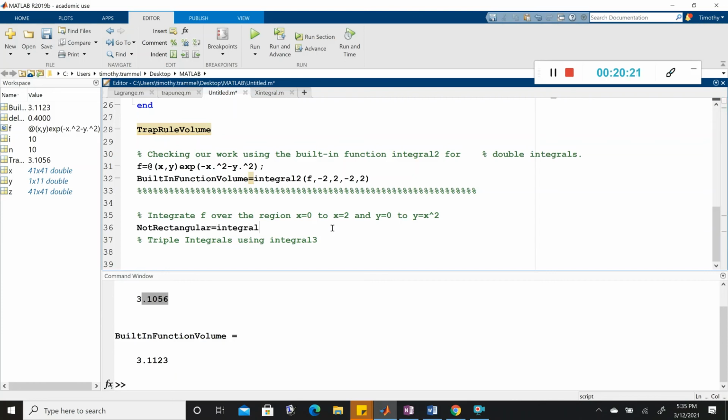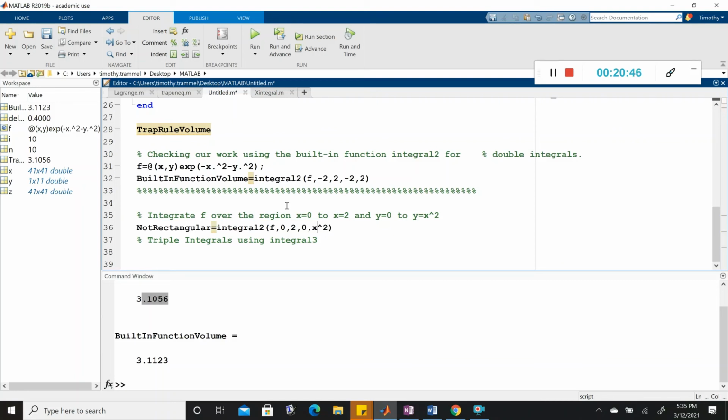Integral2. And I'll plug in my function f. I want x to go from 0 to 2. You can see I've changed up the region here. So 0 to 2. And then we want to go 0 to x squared.